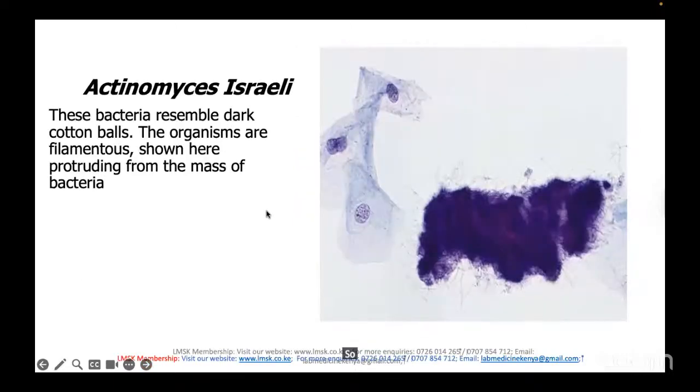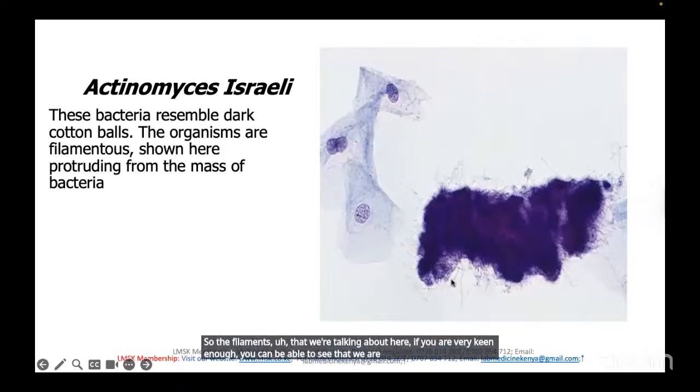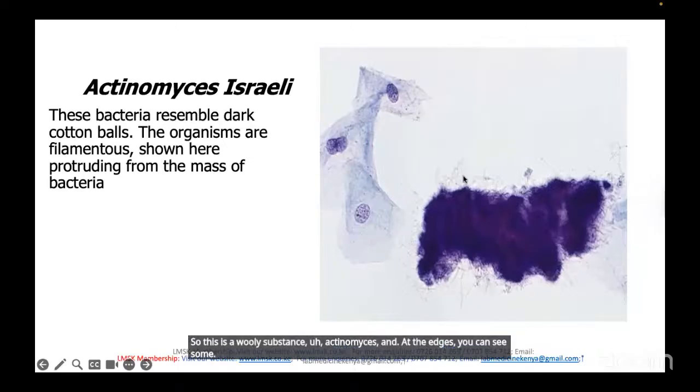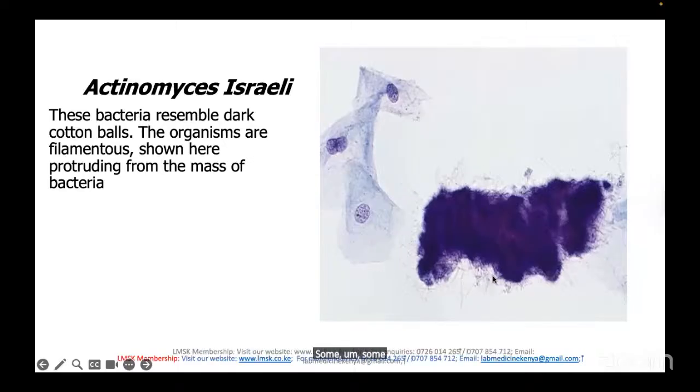So the filaments that we're talking about here, if you are keen enough, you can see that we are having some thread-like structures. So this is a woolly substance, Actinomyces, and at the edges you can see what we call filamentous bodies coming out of the main body.